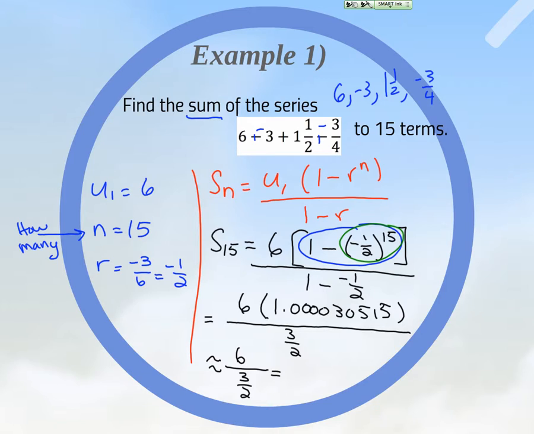So you can either use a calculator, or if you want to do some long style multiplication or division and multiply by the reciprocal, we end up with 4. So if I add 6 plus -3 plus 1 1/2 plus -3/4 and all those terms all the way to the 15th term, I end up with just 4.